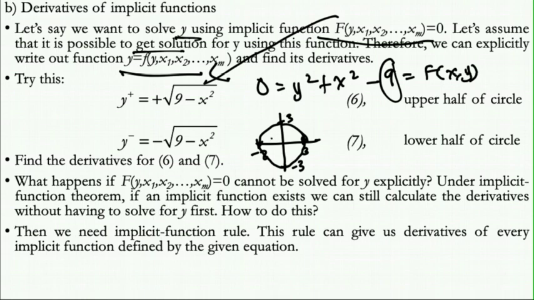Now, if we have a circle like this, then for every x there are 2 y values, isn't it? If there are 2 y values, then it's very hard actually, if you know the details of mathematics, to find an implicit function. So that's why sometimes, when they factorize, you have a positive part and a second part which is the negative part.